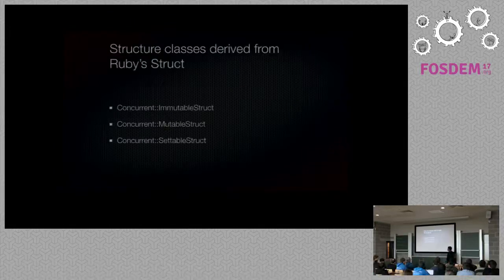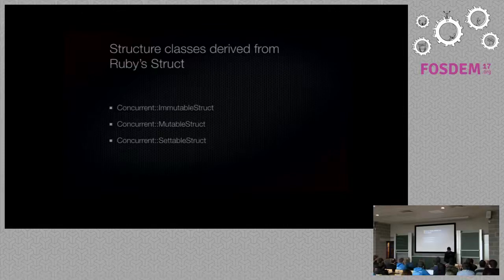So next concurrency abstractions are structure classes derived from Ruby struct. So we have immutable struct, mutable struct, and settable struct. These are derived from Ruby struct, and these are thread safe. So immutable struct can be set only once.